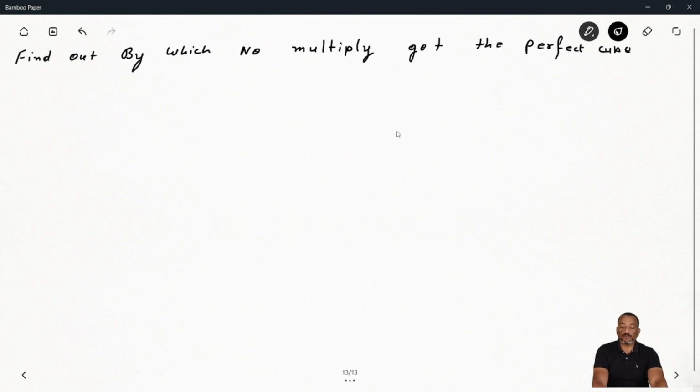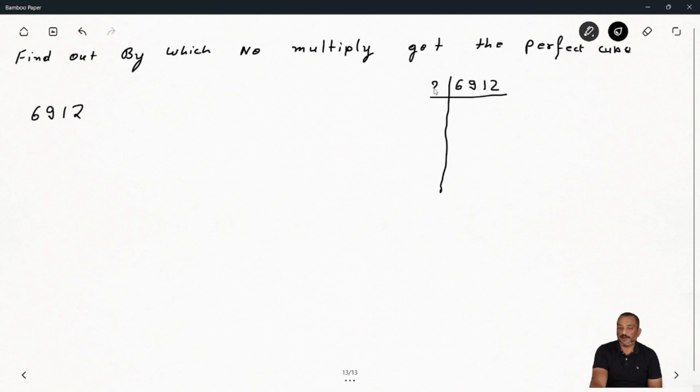So we have to follow the numbers, and based on that we can say, okay, like say a number is given, let's say 6,912. Okay, so in this 6,912, we can multiply by which number to get a perfect cube? So first, what we have to do? We have to do the prime factorization of 6,912 to find out all the factors.